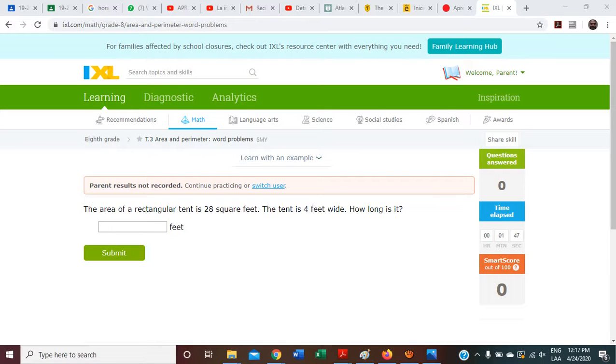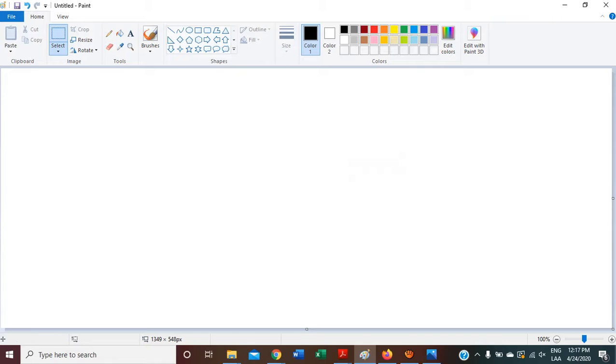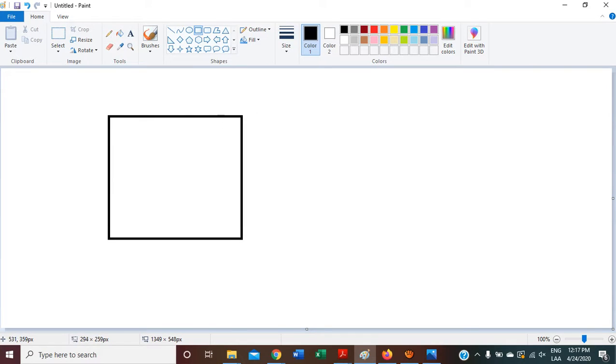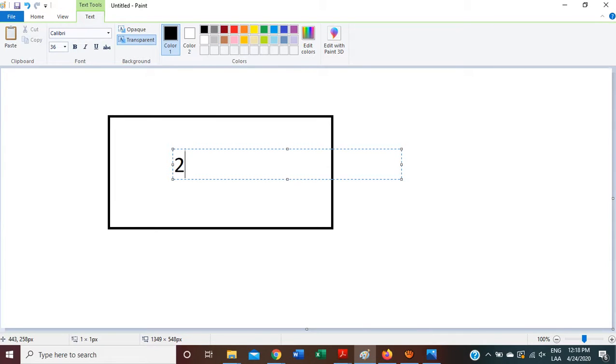All right, so the word problem says like this: the area of a rectangle tent is 28 square feet. If we just draw a rectangle like this, let's say it's 28 square feet.